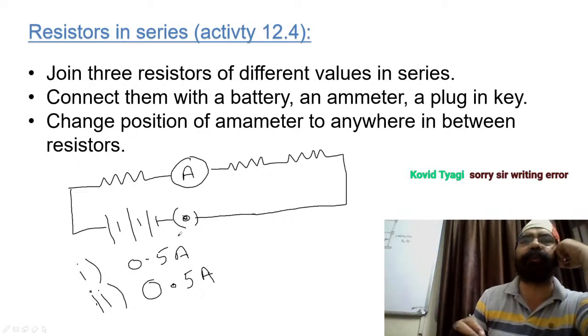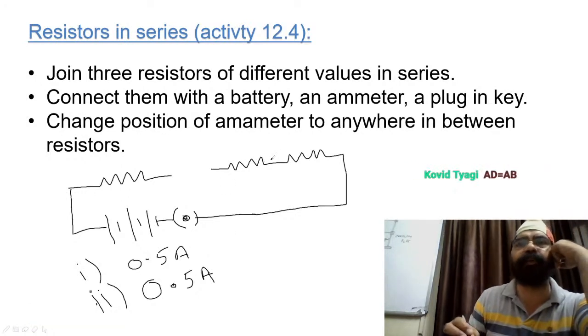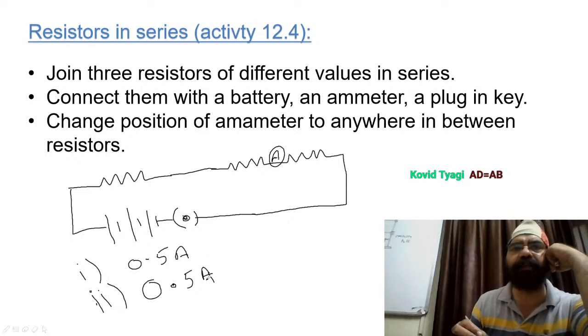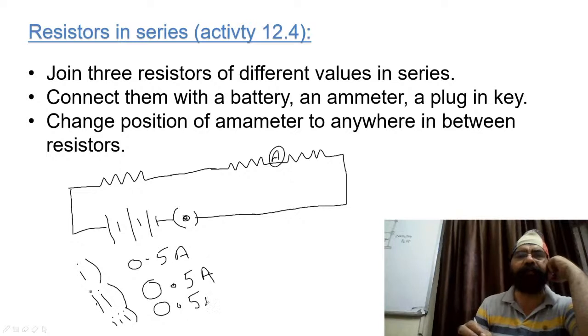I change the position again and place my ammeter over here. I connect this, and this is my third reading. I take the third reading, and still I get the same reading.